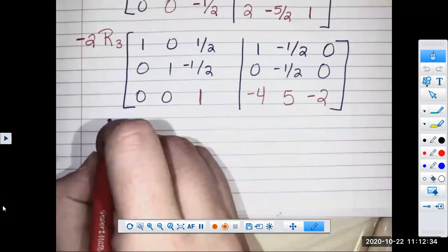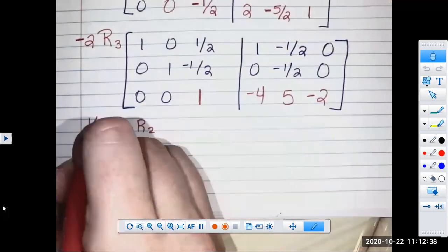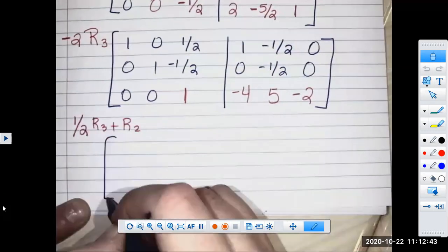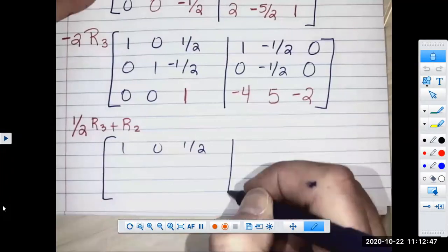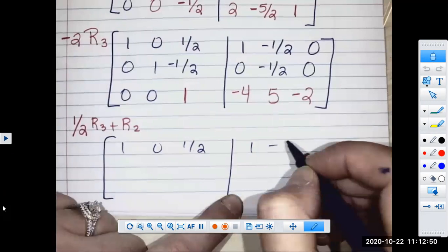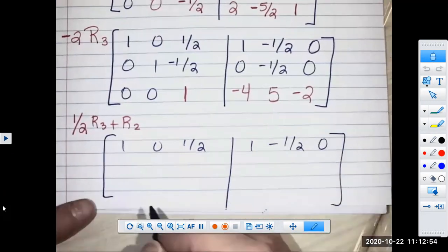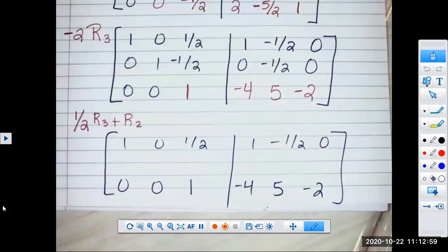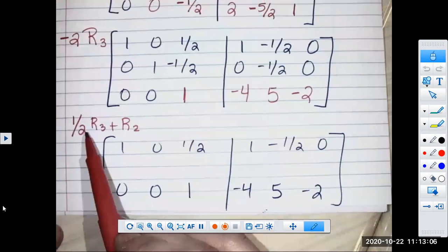Multiply row 3 times a +1/2 and add it to row 2. Okay, so 1 times that plus that is going to give you 0.